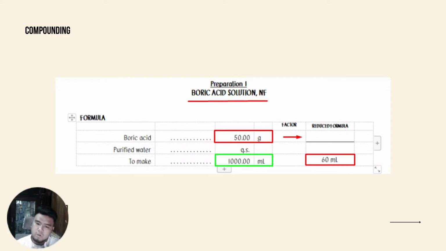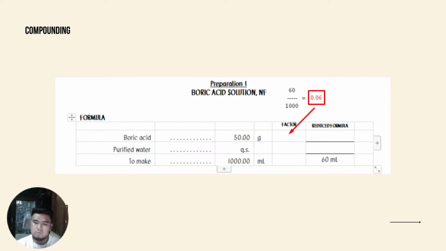So what we will do is divide 60 over 1000. Then it would lead to 0.06. Then that will become our factor.